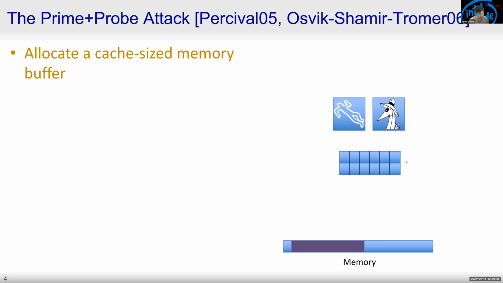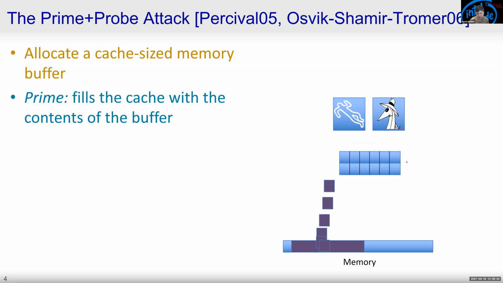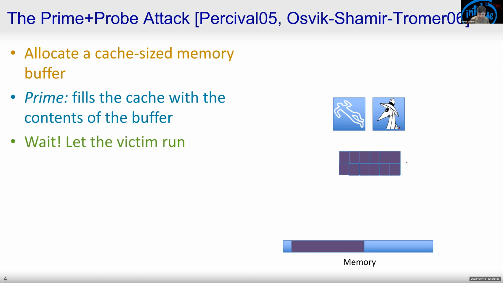I have my attacker, I have my victim, and the attack starts by having the attacker allocate a memory buffer the size of the whole cache. As he accesses his buffer, he's populating the entire cache with his own data. And then we wait.